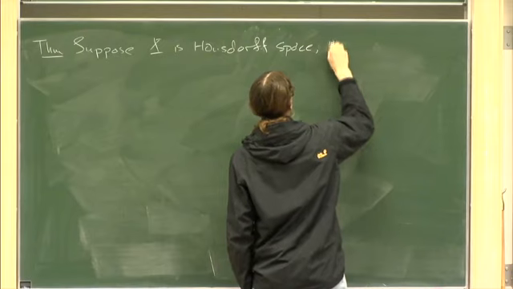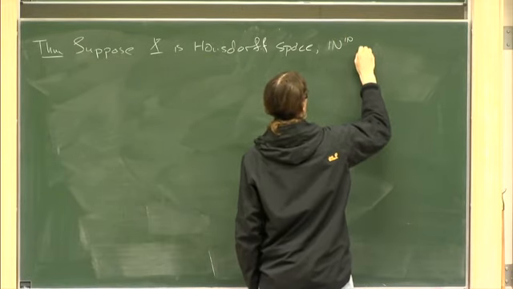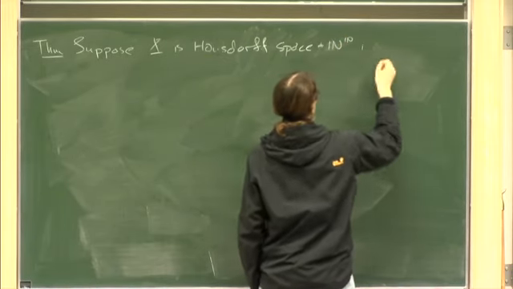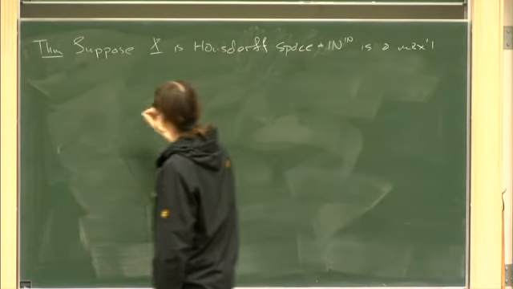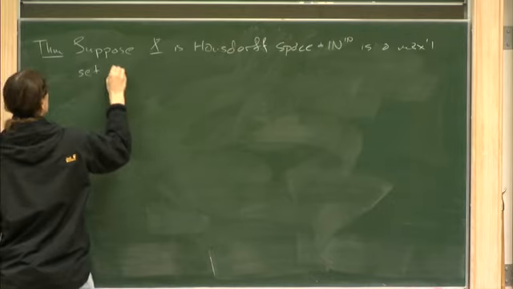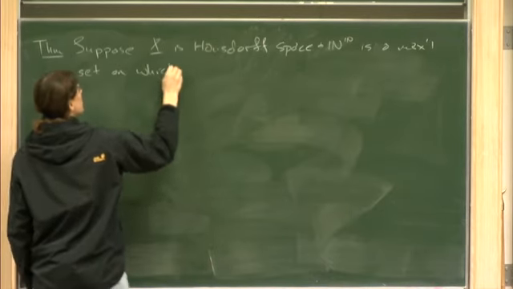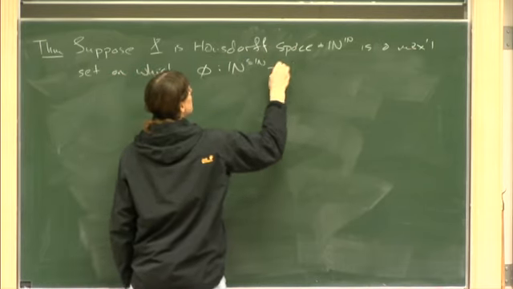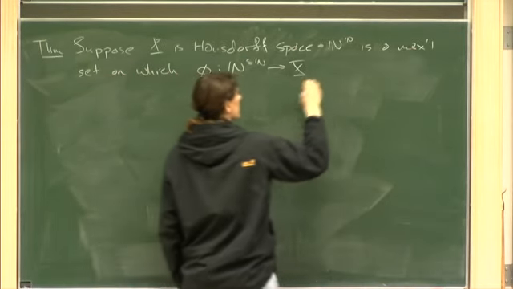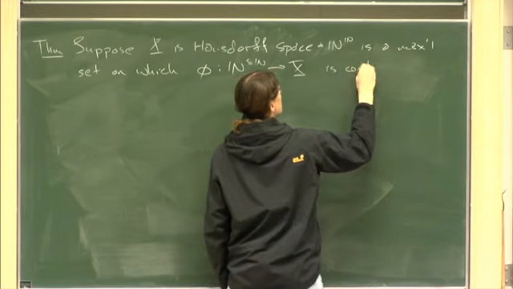So Baire space is a maximal set on which some function phi from the extended Baire space to X is continuous.